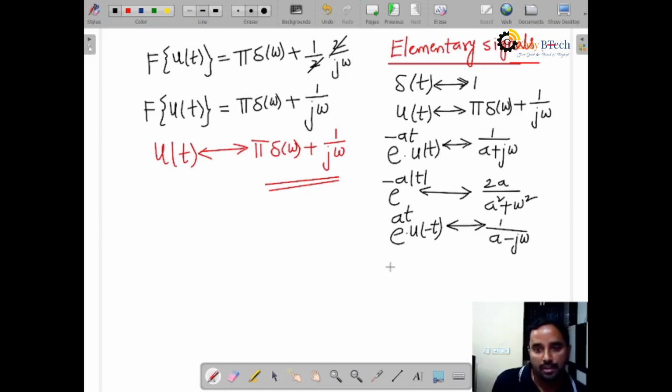And Fourier transform of signum function is 2 by j omega. So all these we have done, and these are all helpful further.